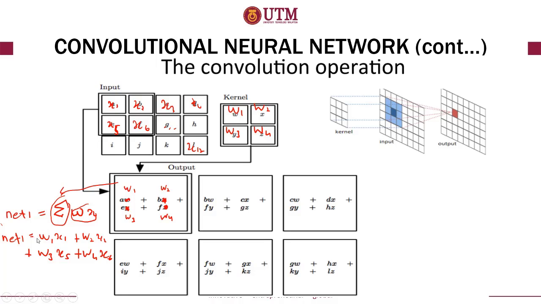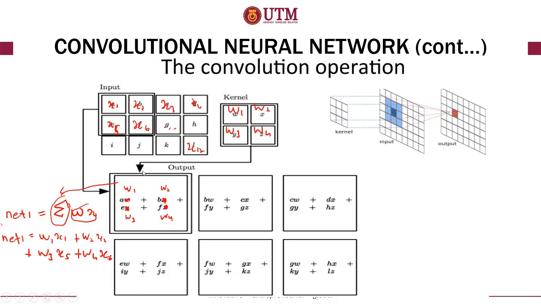That's why in the convolutional process, to find every net 1, net 3, the process just focuses on how many w you have. If you have 4 w, then you only multiply these w with 4 input signals to find each and every net over here.